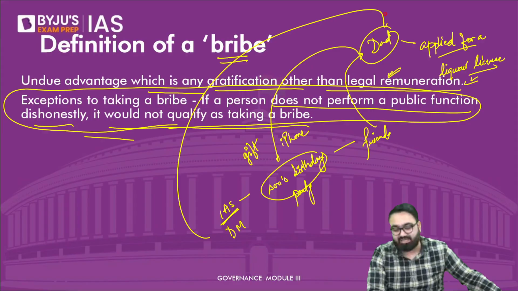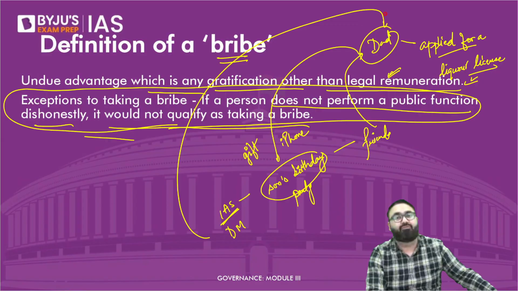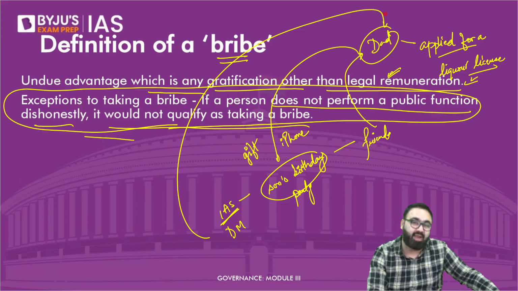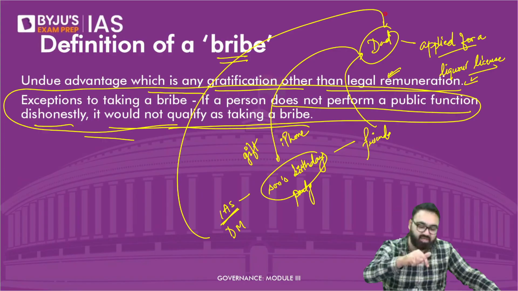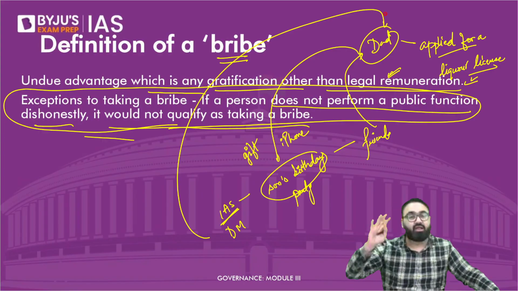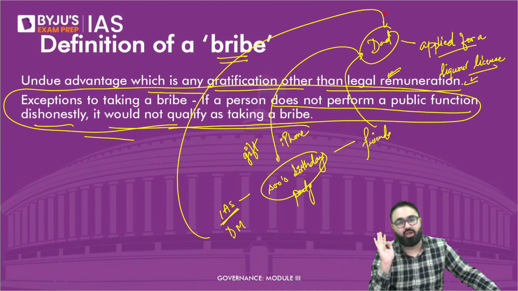Now people start saying that the liquor license was given because of the iPhone. Because your son got the iPhone as a gift, that is how you took the liquor license. So this is a bribe. But no, this will not be called a bribe. Why? Because the exception is if a person does not perform the duty dishonestly, it will not be called a bribe.